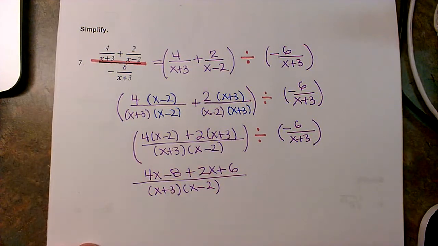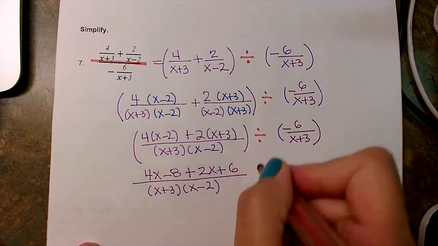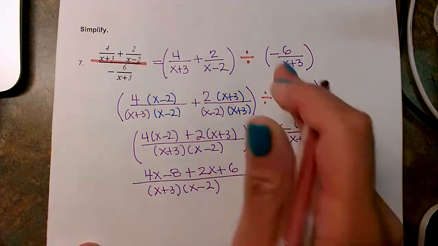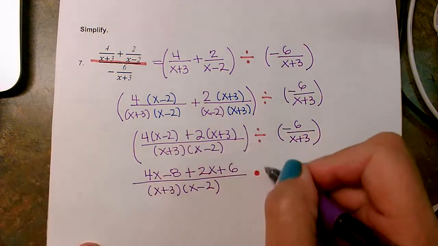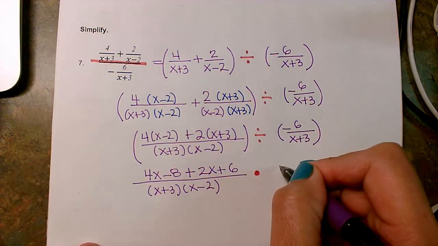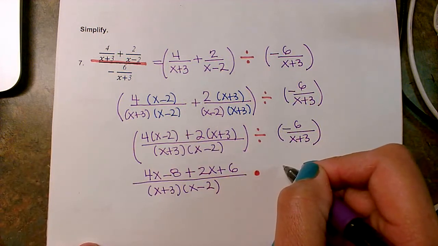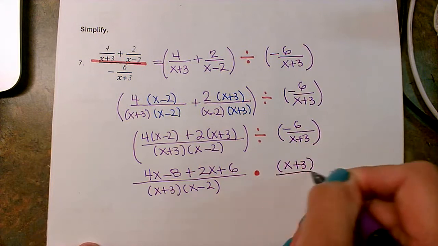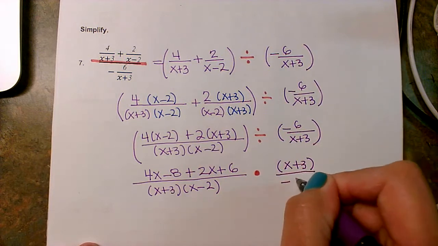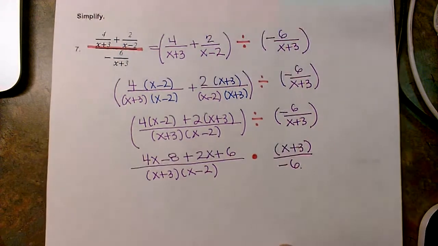All right. Now, you could do this anytime, okay? Division becomes multiplication when I multiply by the reciprocal, right? So it's going to be x plus 3 divided by negative 6.